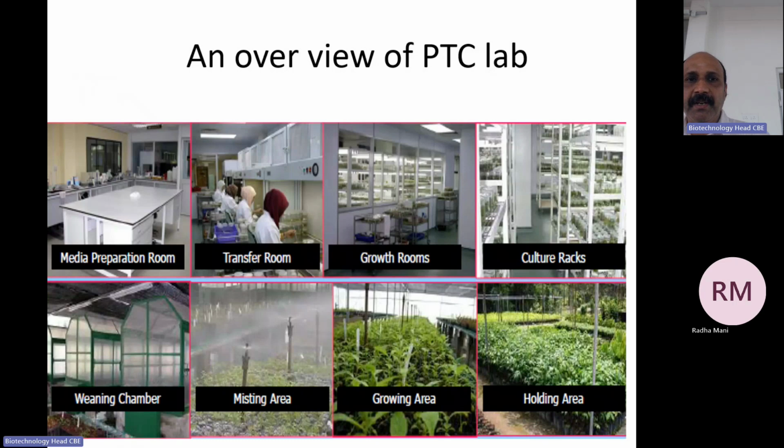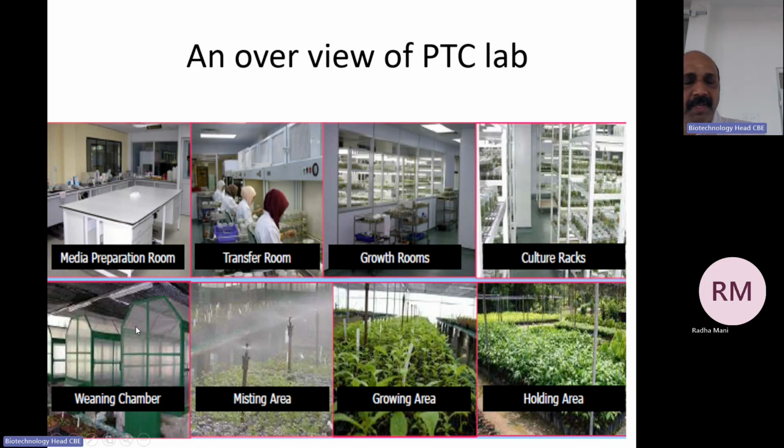So this is an overview of any plant tissue culture lab, how neatly it needs to be maintained. The different parts of the lab: the first is the washing room, then the media preparation room, then the transfer or inoculation room, then the culture rooms, the growth room, the culture racks.